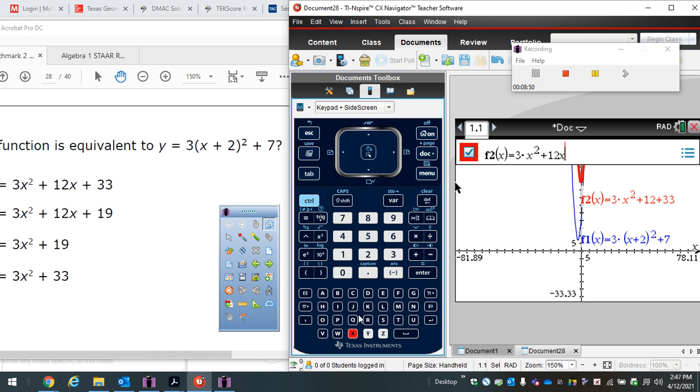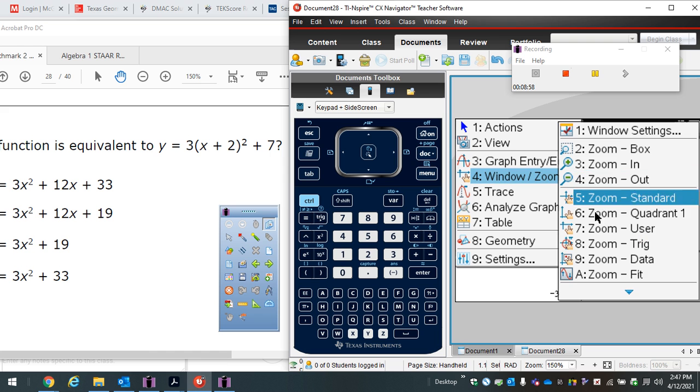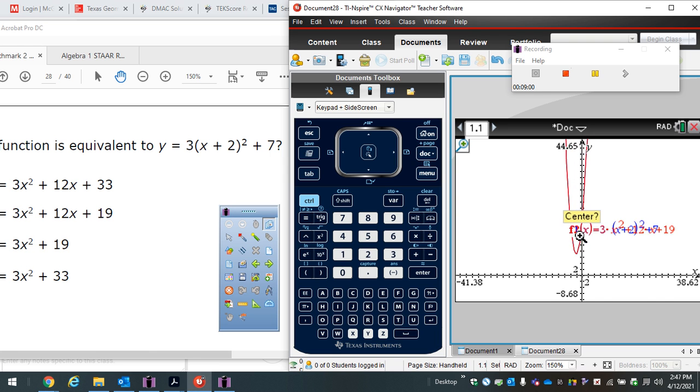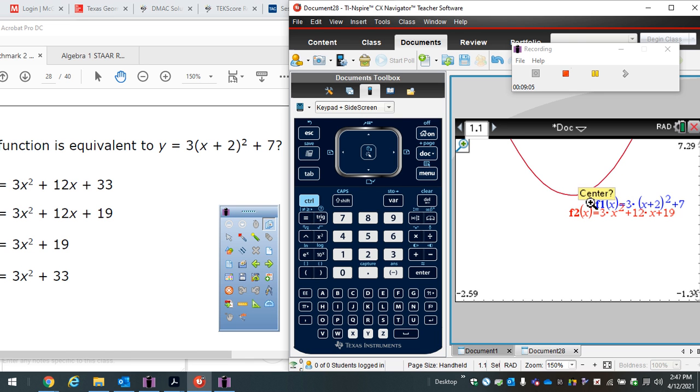12x plus 19. Oh, whoa. I think they look like the same thing. I'm going to zoom. See how it's saying they're both the same thing? Like they're right there next to each other, like the same graph.